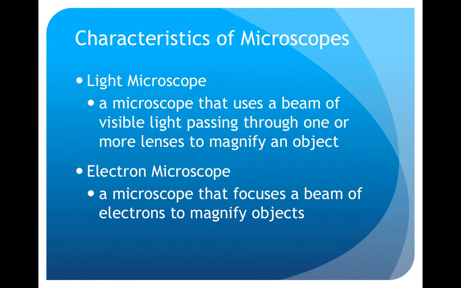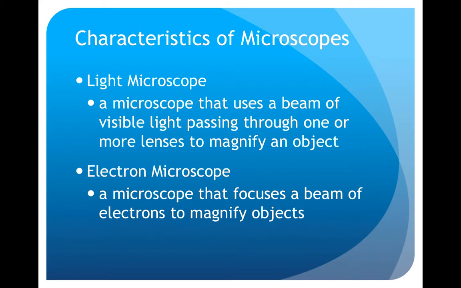So, characteristics of microscopes. We have a light microscope and an electron microscope. We do not have an electron microscope here at school. We will only be using a light microscope in this class. A light microscope is a microscope that uses a beam of visible light passing through one or more lenses to magnify an object. So one or more lenses.